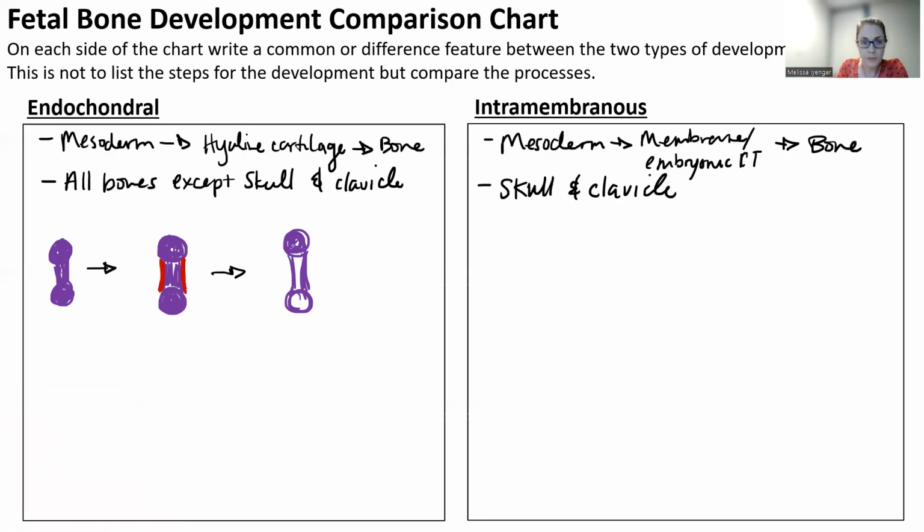I'll color all this in. We're going to see that the diaphysis gets thicker, so we're going to put more compact bone on the outside. And what happens is the cartilage on the inside of the diaphysis actually starts to degrade away or starts to die. We bring in a blood vessel, and that blood vessel is going to bring in our osteoclasts, and then the osteoclasts hollow out the medullary cavity.